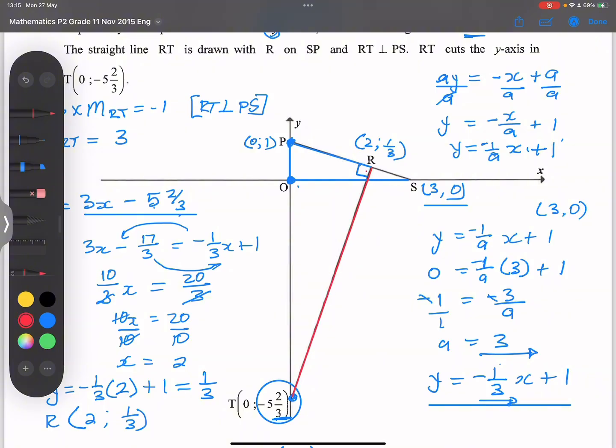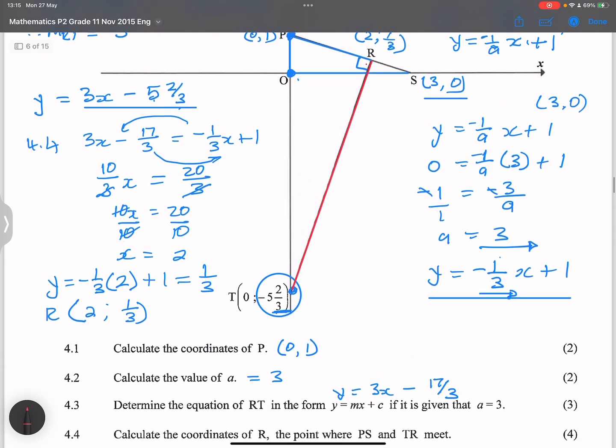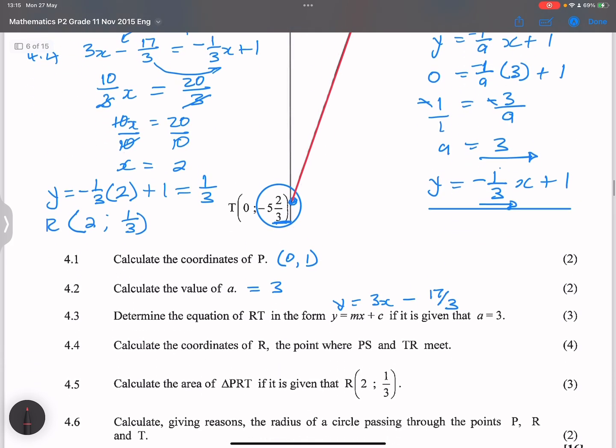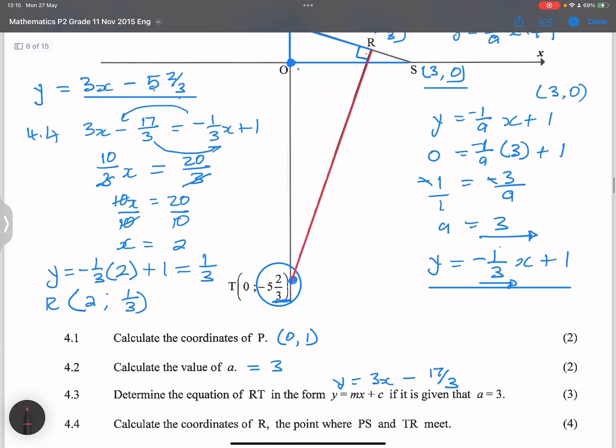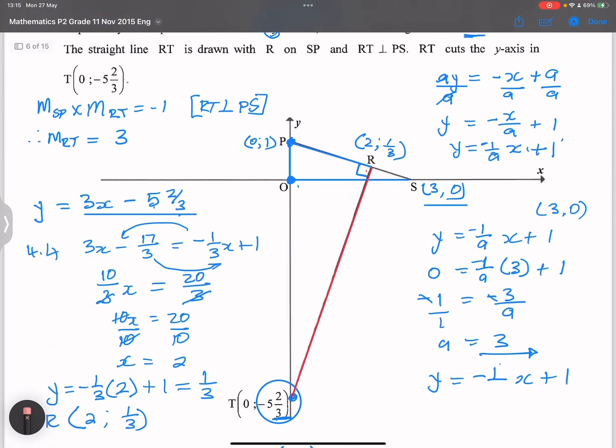So if we can find the size of PR as well as the size of RT, I hope you won't mind, I'm just going to remove some of the things so that we can actually make a calculation.